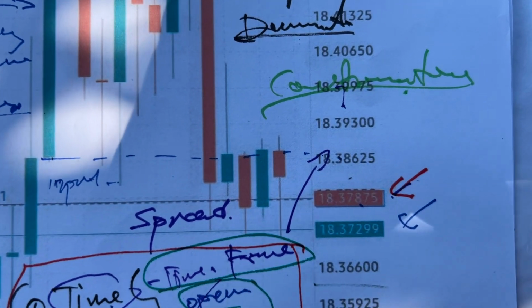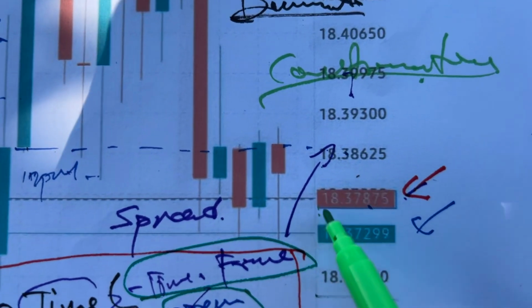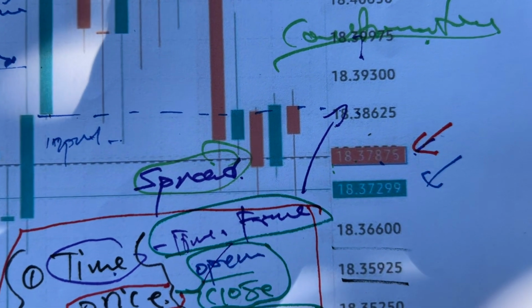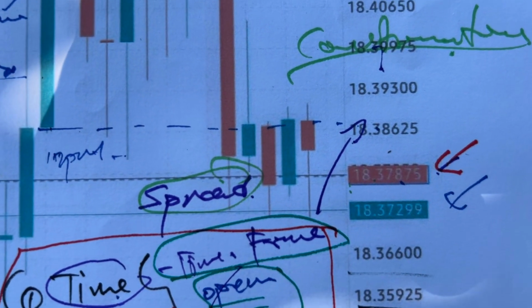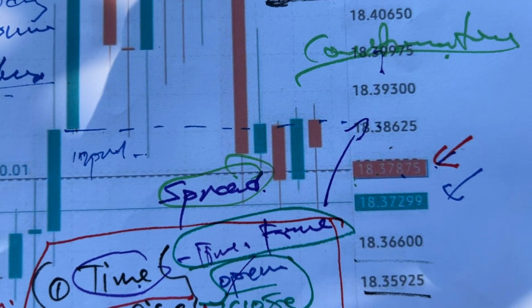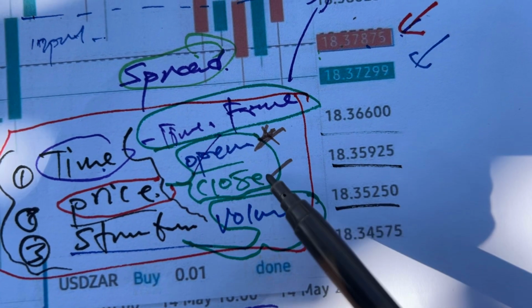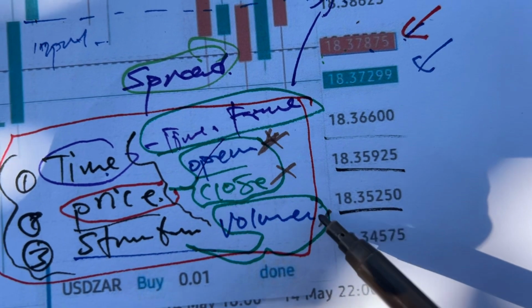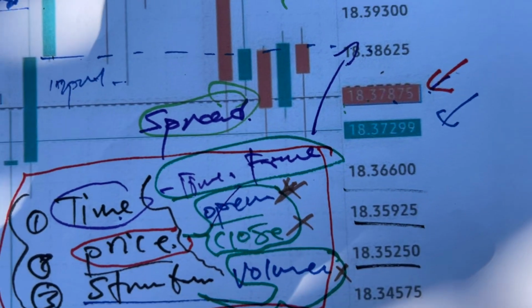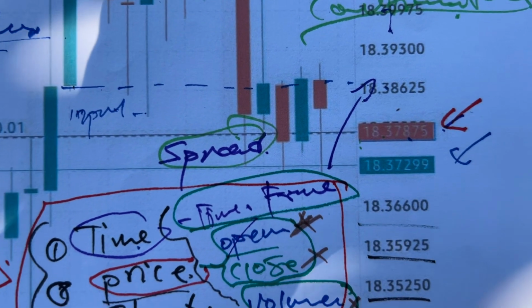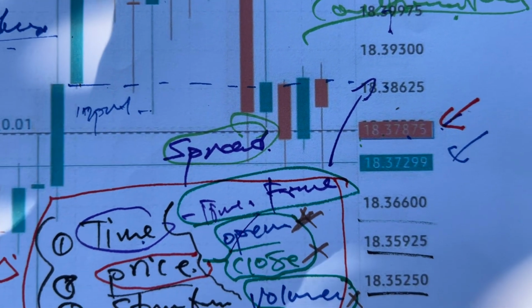And the combination, remember the price here, we have a spread in between. We talked about spread. The spread is actually offered by the broker, and the spread will affect the opening of a candlestick and the closing of a candlestick. Also the volume. The reason it's being affected is because of the broker that you'll be using. And it's very good to use brokers that are trustworthy and good.